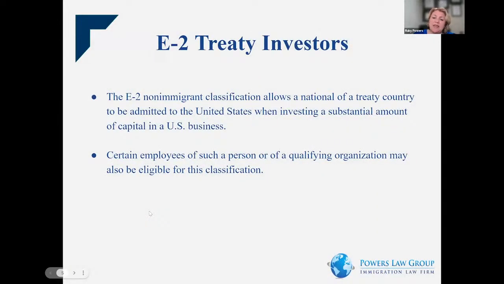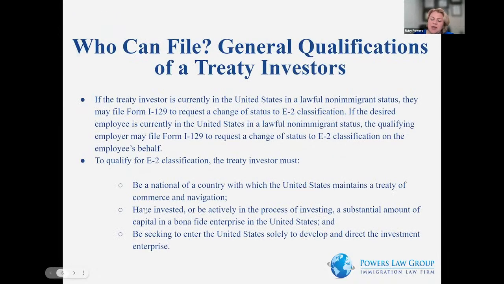So the E2 treaty investor allows a national of a treaty country to be admitted to the US when investing a substantial amount of capital in a US business. Certain employees of such a person or a qualifying organization may be eligible for this classification. That's what we meant about the employee part. So who can file?